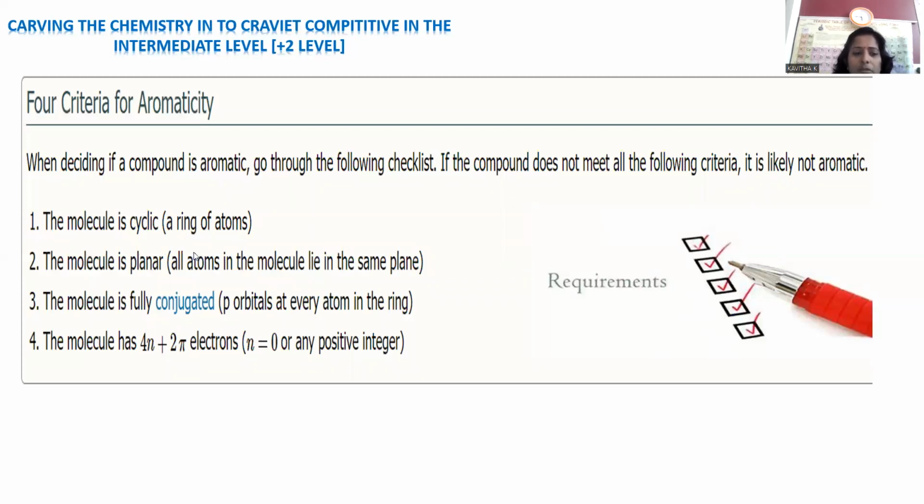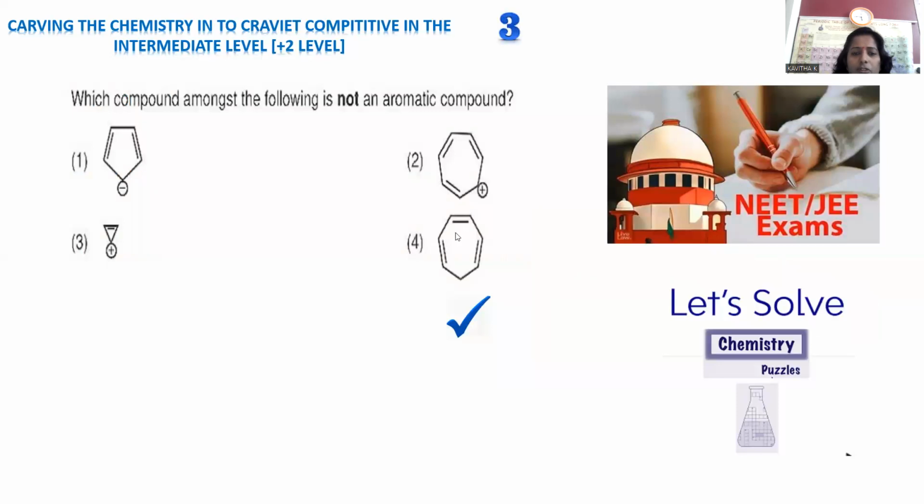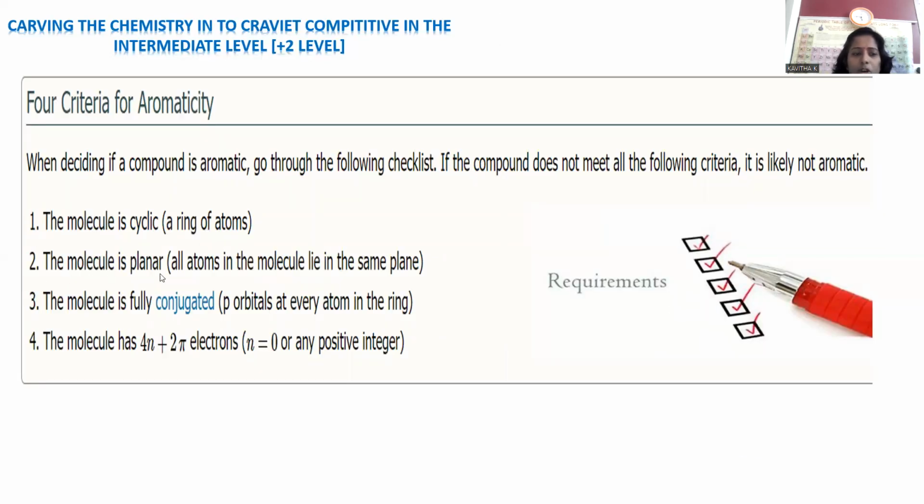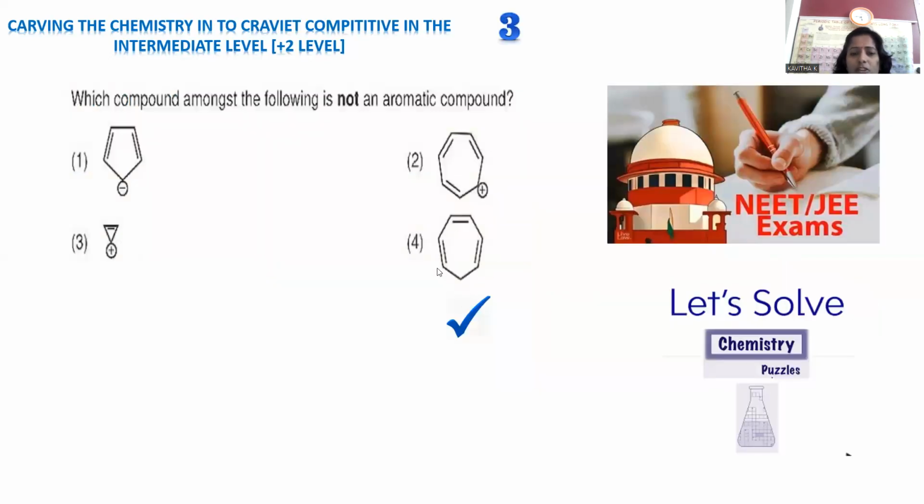The compound must be cyclic. If you see all 4 options, all are cyclic in nature. Second, the molecule must be planar. This is not obeyed by option number 4. In option number 1, all the carbons are sp2 hybridized, so planarity can be retained. Compound 2, the tropylium cation, is also planar because all the carbons in this ring are sp2.